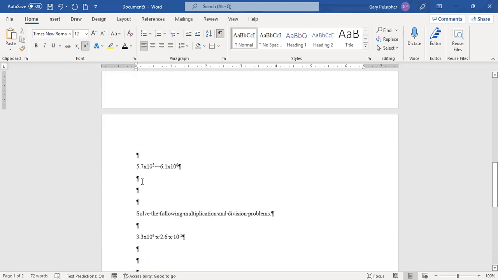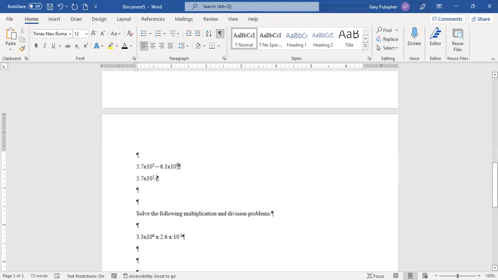Okay, now let's do a subtraction. So I'm going to change this one again. So it's going to become 5.7 times 10 to the 5th minus, now this time I'm going to change the 10 to the 6th to 10 to the 5th. So that got smaller, right? It went from million to 100,000.